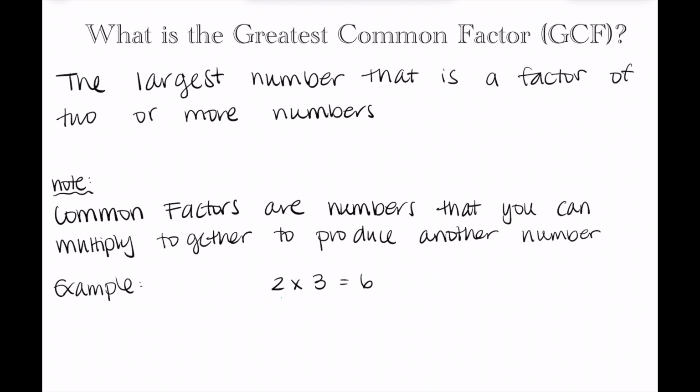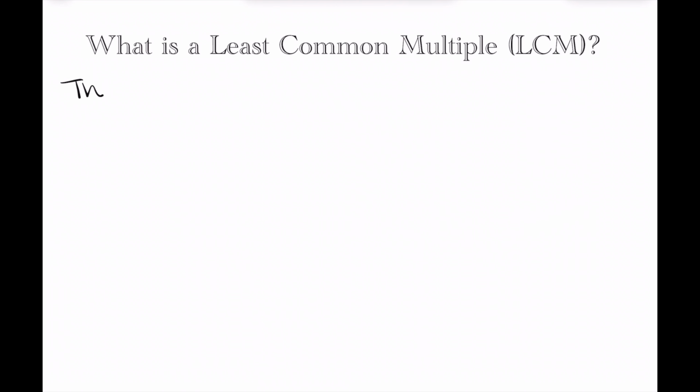Normally, if you're finding the greatest common factor, you're finding it between two separate numbers, so there wouldn't be a greatest common factor in this example. But just to go over what factors are, 2 and 3 would be factors of 6. So the important terms here are GCF, the shorthand for greatest common factor, as well as common factor.